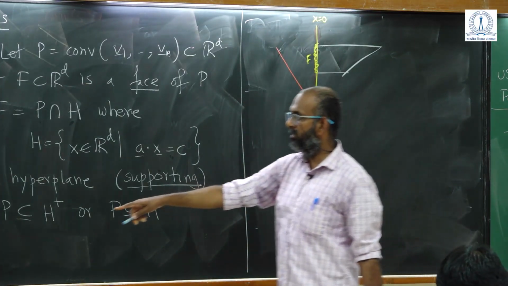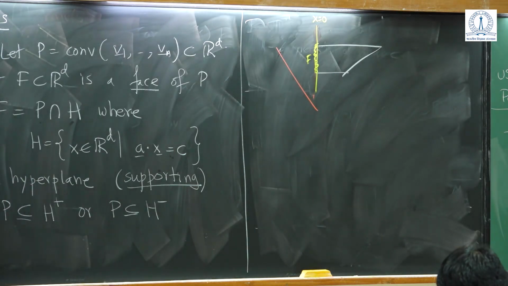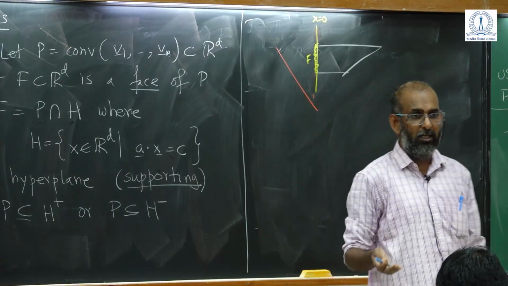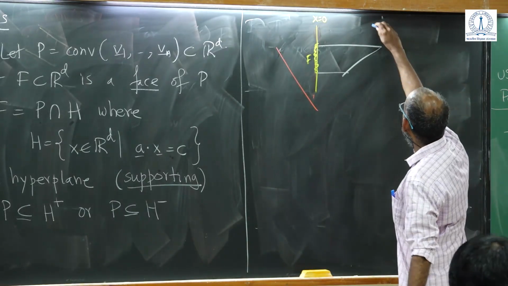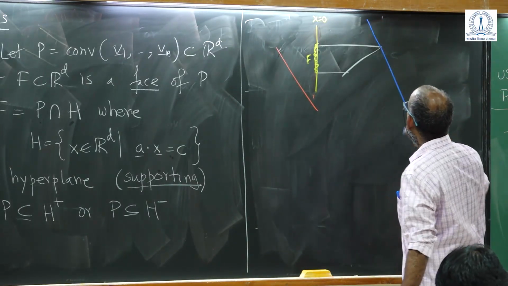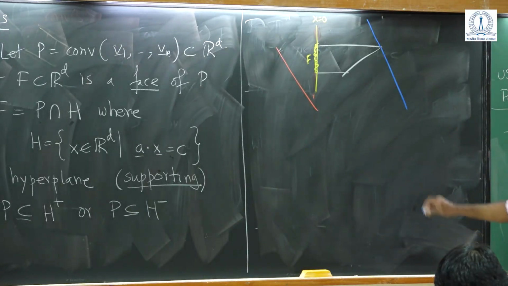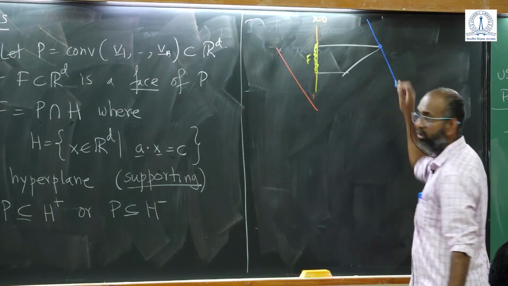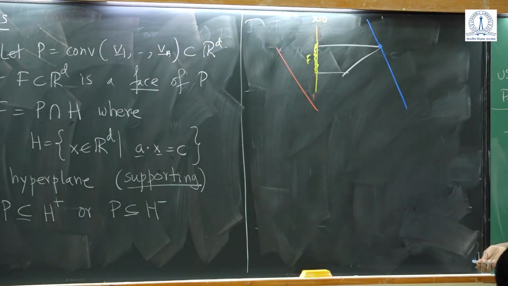But this is not the only one. Similarly you can get all these hyperplanes, right? So all of these hyperplanes, if you intersect, you get faces which are one dimensional. But I could also intersect with this hyperplane. What is the intersection then? It is a single point. So a single point is also a face. Okay?